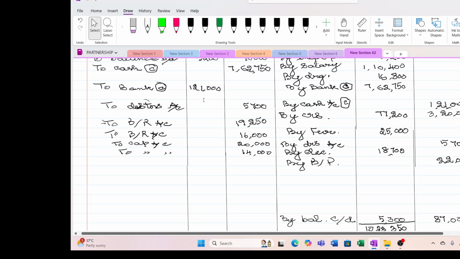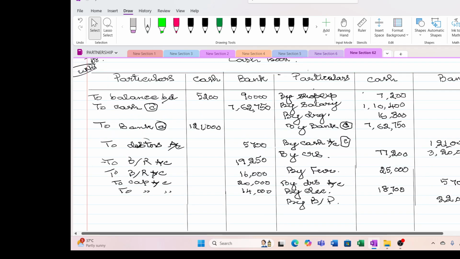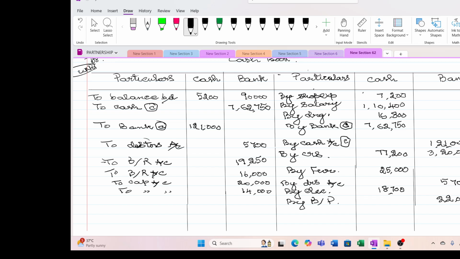We only got the debit balance of 126,200. So definitely some deposit would have come here. It can be cash sales, but here clearly the sum says that there are no cash sales. So the amount would have come only from the debtors. It is collected from the debtors.